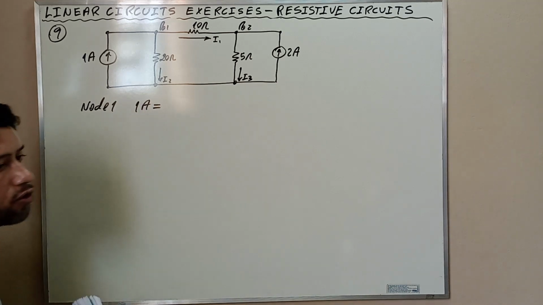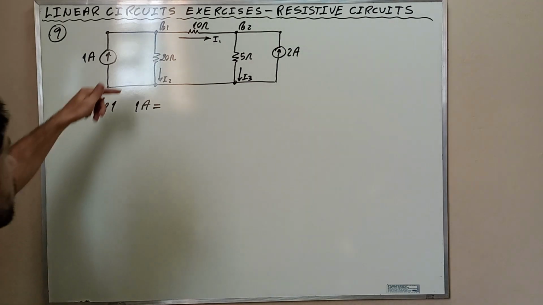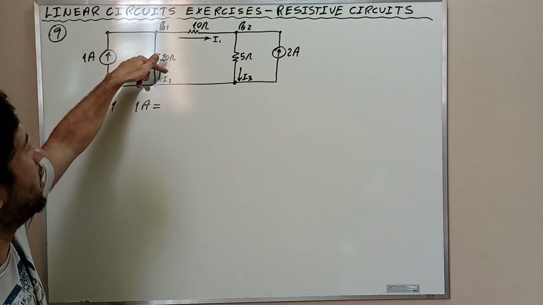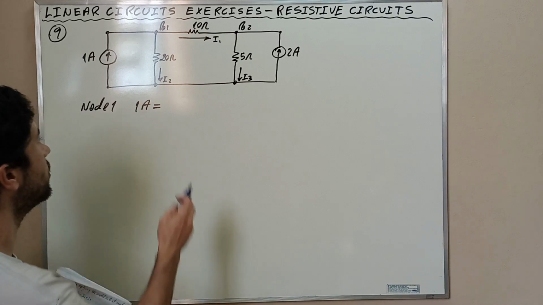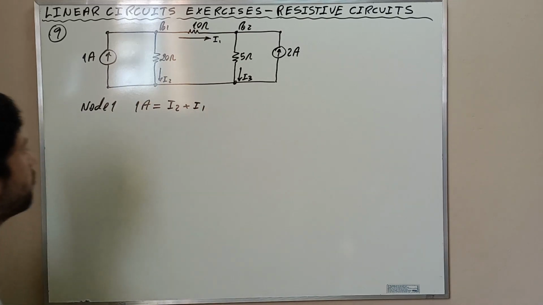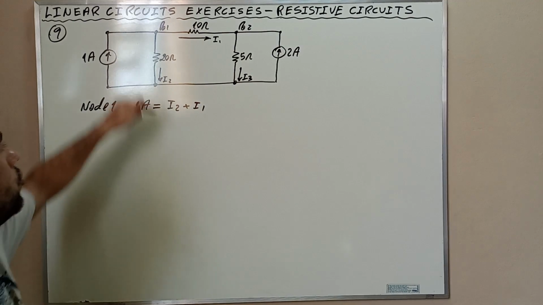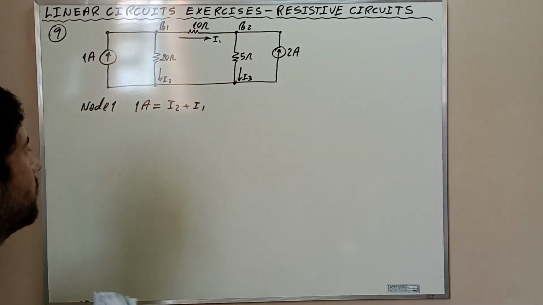And what are the currents that leave the node? The currents leaving the node are I2 and I1. Then we write I2 plus I1. Okay, my friends? One more time, the sum of the currents that enter the node has to be equal to the sum of the currents that leave the node.